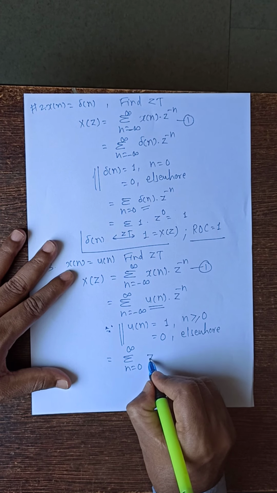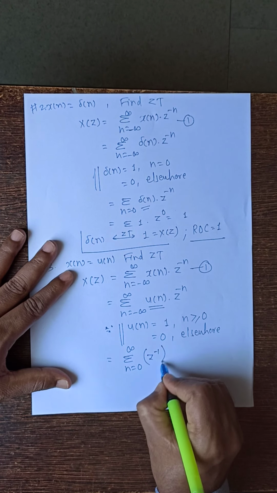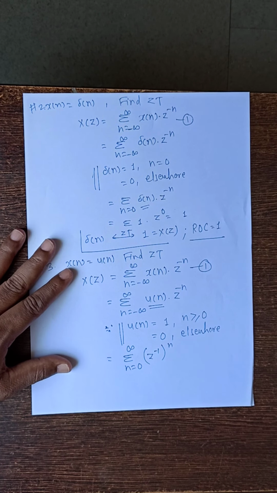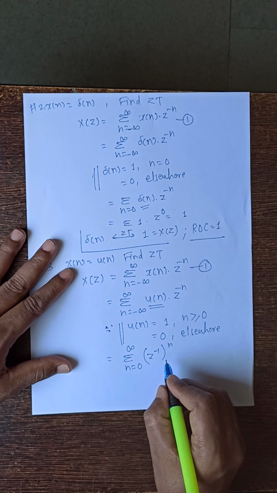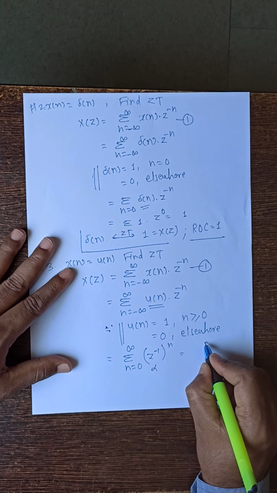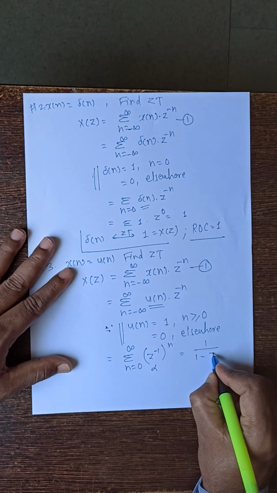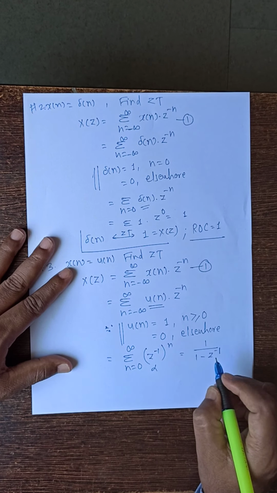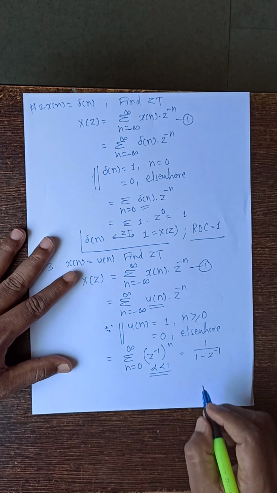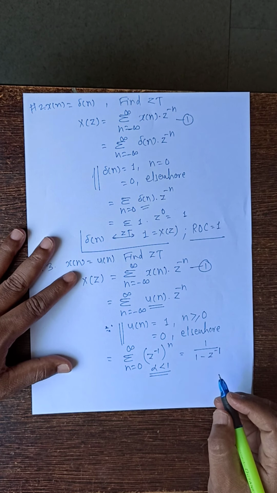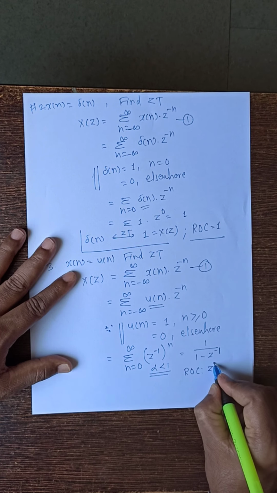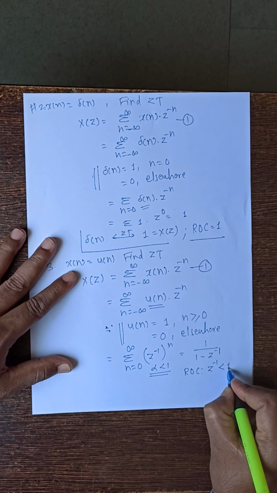So this is z raised to minus 1 raised to n. Okay. So this is equal to alpha raised to n. So that is equal to 1 divided by 1 minus z raised to minus 1, provided that this alpha should be less than 1. So what is alpha? Alpha is equal to z raised to minus 1. So ROC is z raised to minus 1 should be less than 1.